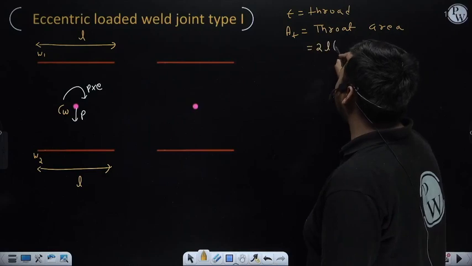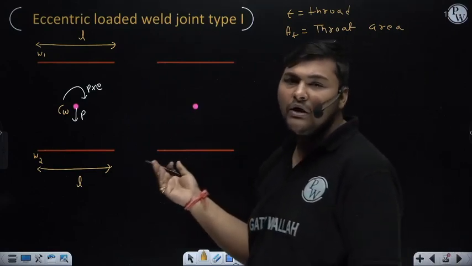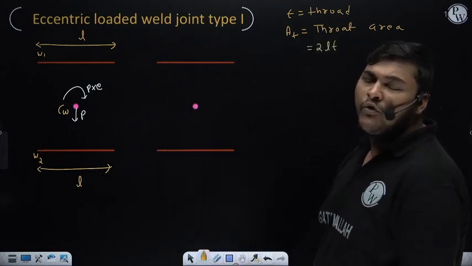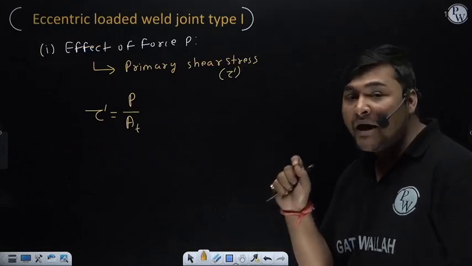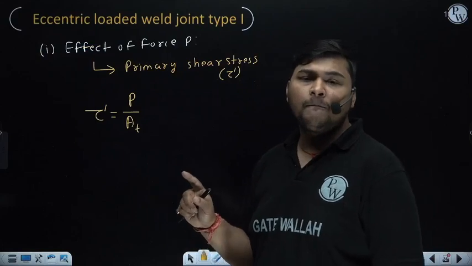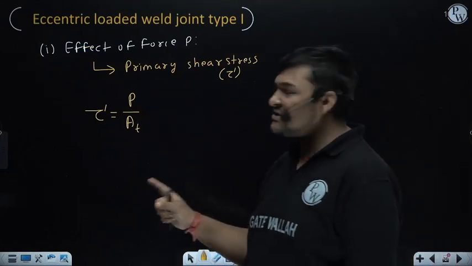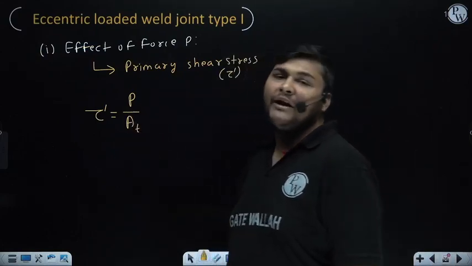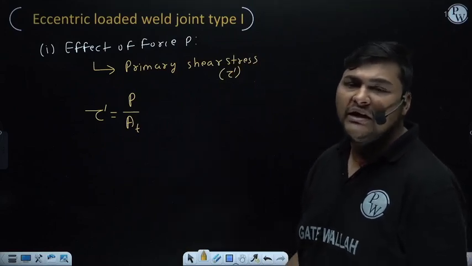It is for this case, but for a different case it can come out different. What is important is that due to force P in eccentric loading, primary shear stress will always be induced, which will be the same at each point of the throat, and the formula to calculate it is total force P divided by total throat area. Okay, it is the magnitude.